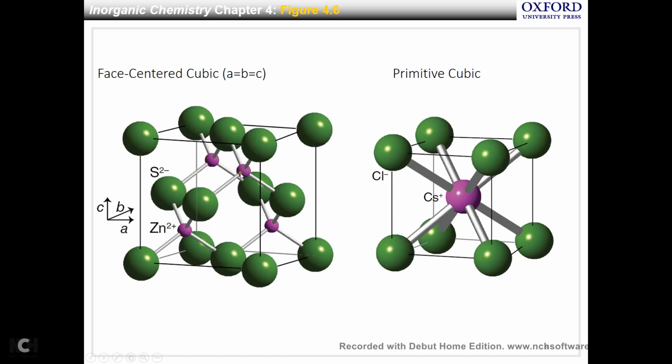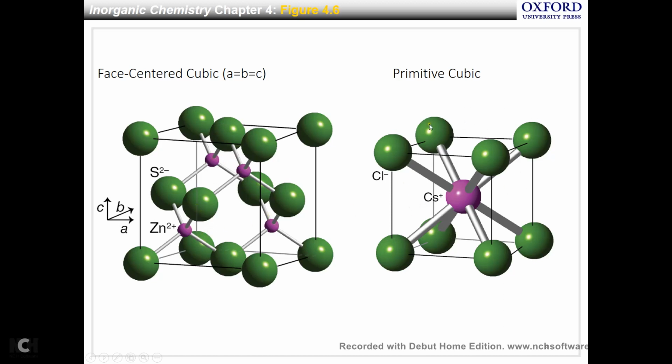This zinc 2+ sits in the center between these 4 sulfide ions, and again, these 1, 2, 3, 4 sulfide ions have a little bit of space in the center occupied by this zinc 2+. So that's why this is a face-centered cubic structure, by not looking at the zinc 2+.